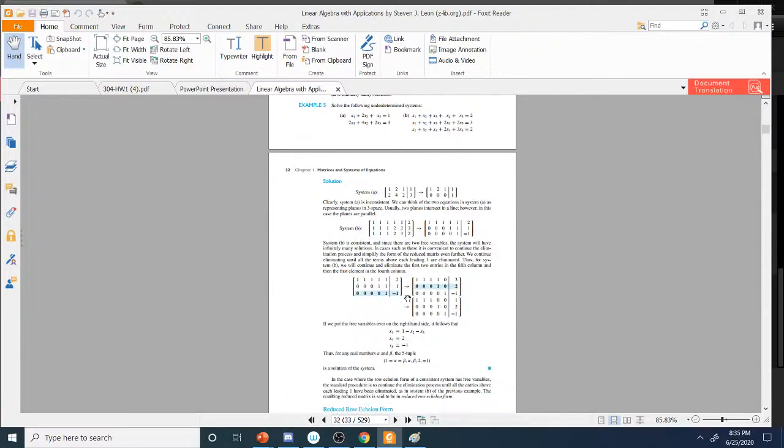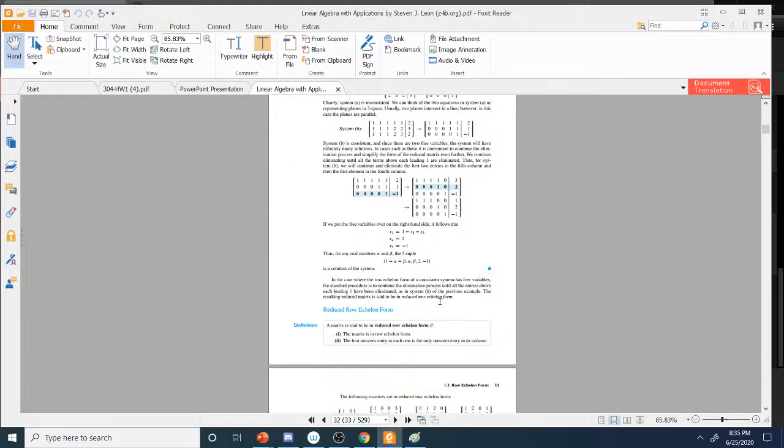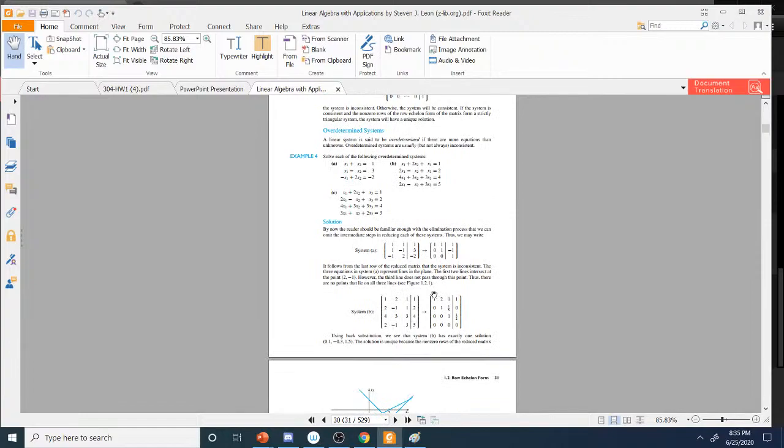They give several examples and go through the process you use to study them, which is essentially just row reduction and putting your matrix in row-reduced echelon form. Likewise, you can approach overdetermined systems in the exact same way. You take your system and apply row reduction, and then try to see if you can solve it using back substitution.